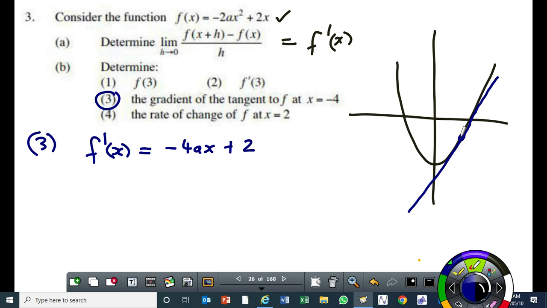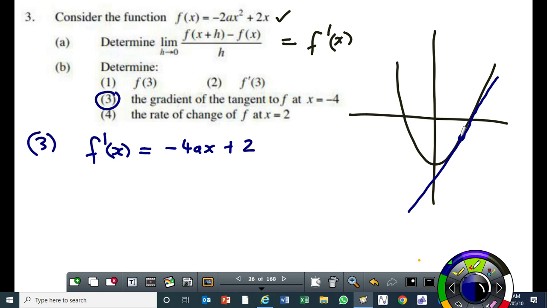So we might need to know the gradient at this point. For us to be able to find that gradient, we need to draw a tangent to that point. Then we have to determine the gradient of the tangent. The gradient of the tangent at this point will be equivalent to the gradient of the function at that point.